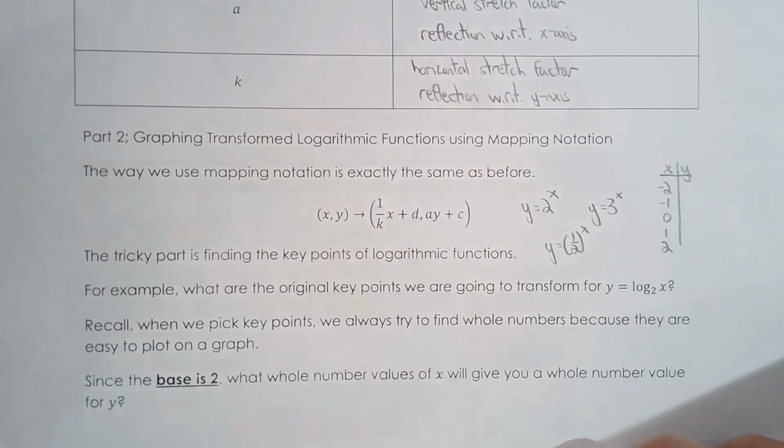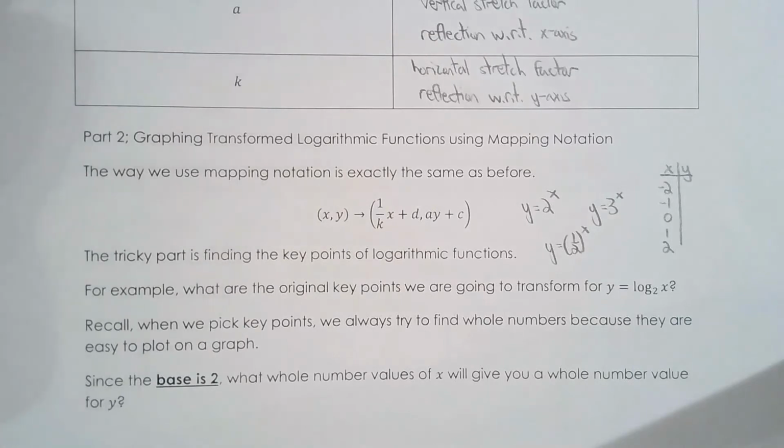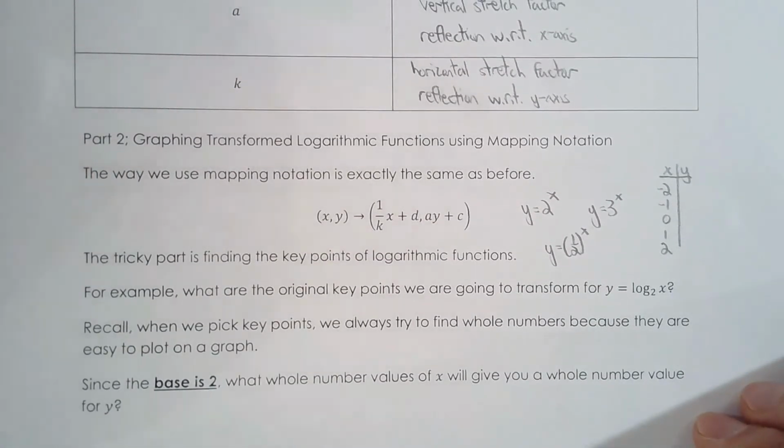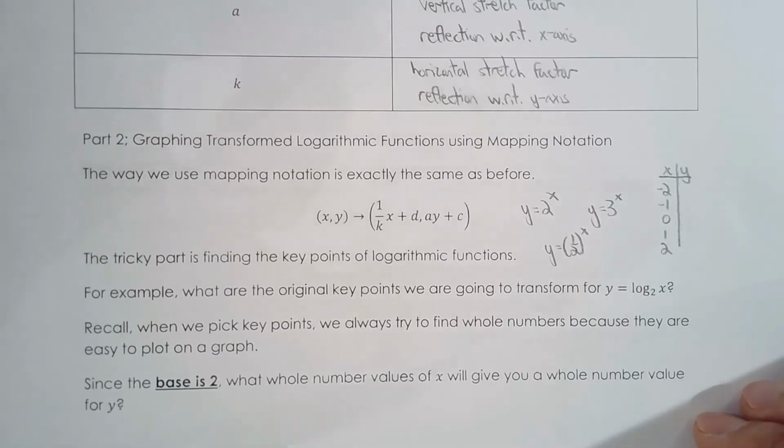So that idea is very similar to logarithmic functions because the original points which you're going to work with for a logarithmic function really depends on what the base is. If the base is 2, you'll have a set of points. If it's a base of 3, you'll have another set of points. So in the next page, we're going to look at logarithms with different bases and establish what the key points are, which we're going to work with.